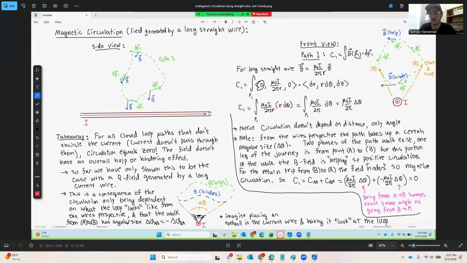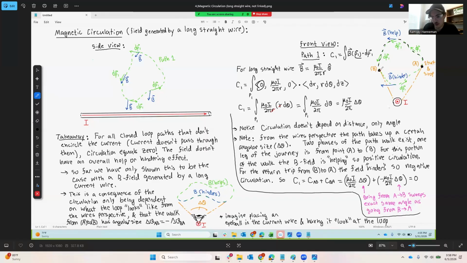But we do have to consider the fact that, say we're walking this path one I've shown up here. Notice that the B field, say you start at this point A, and you start your walk, and you're doing your little polar displacements. During this upper part of the path, B is pointed with you.